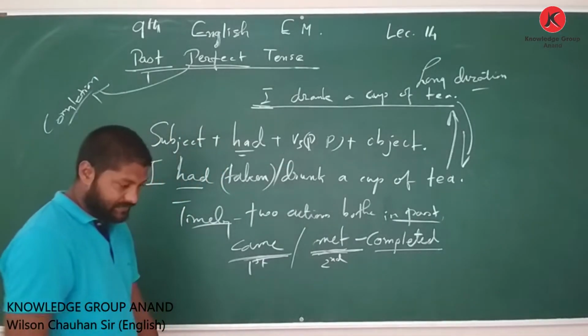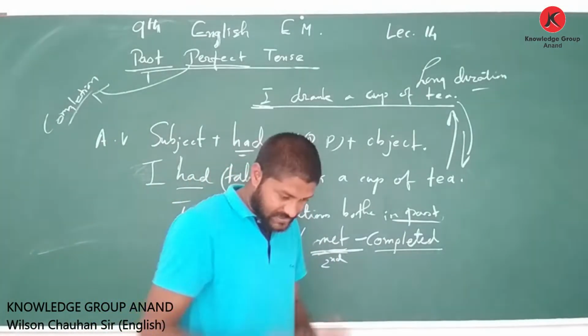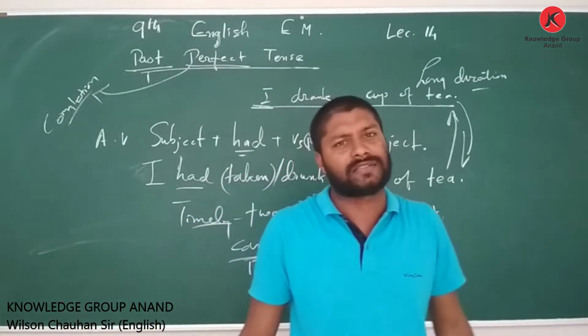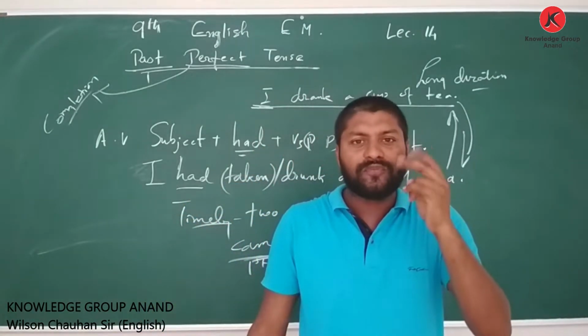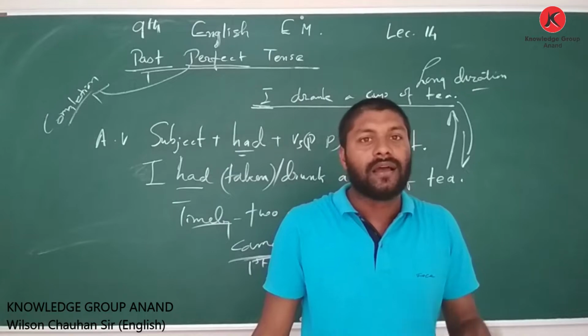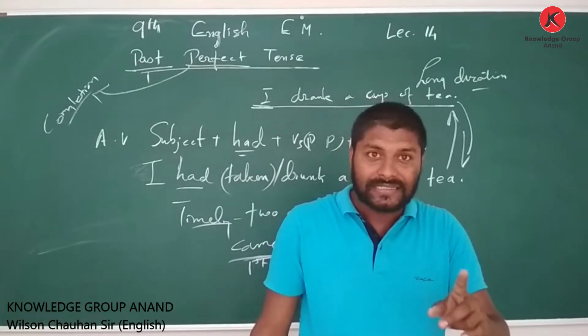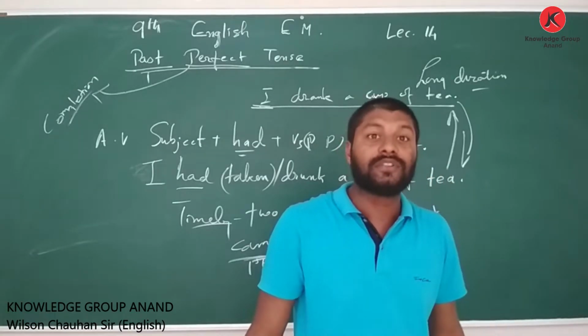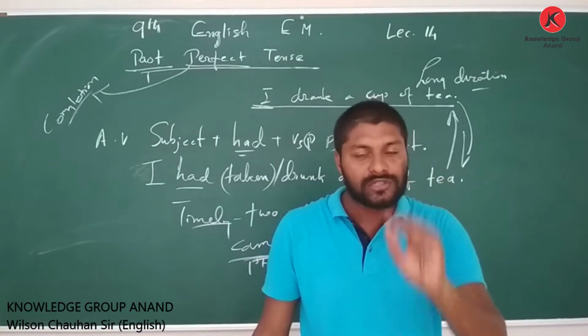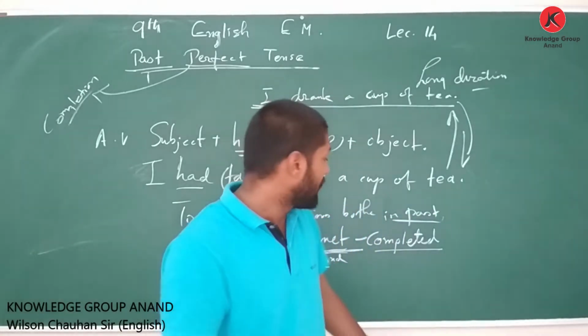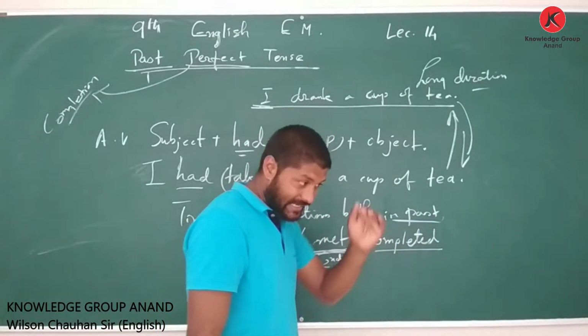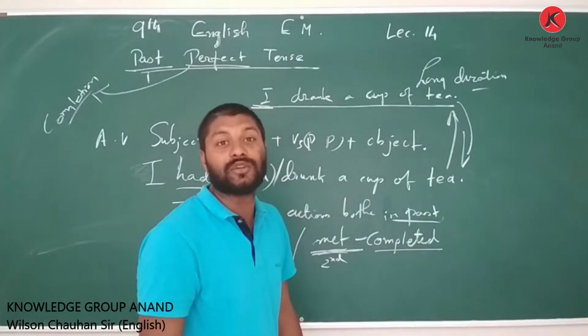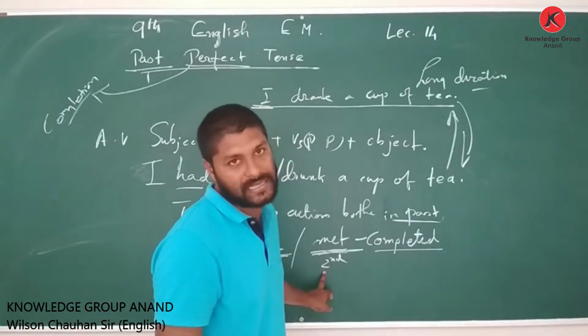Now my dear friends, listen to me. Simplest understanding of past perfect tense: if you have two actions performed and completed in past, the first one which you performed, you will use past perfect tense, and the second in sequence, you shall be using simple past tense.